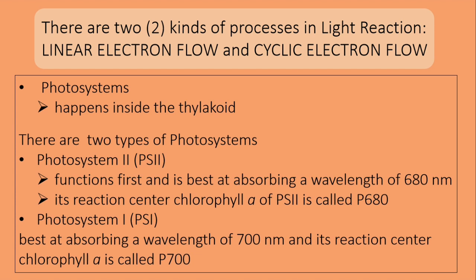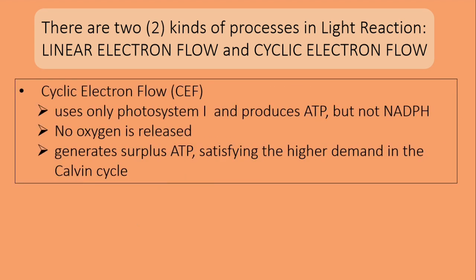It's best at absorbing a wavelength of 700 nanometers and its reaction center chlorophyll A is called P700. Cyclic electron flow uses only photosystem 1 and produces ATP but not NADPH. No oxygen is released, and it generates surplus ATP, satisfying the higher demand in the Calvin cycle.